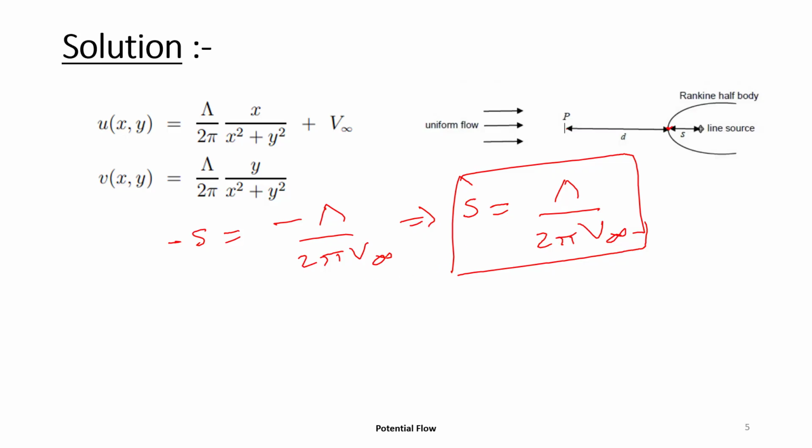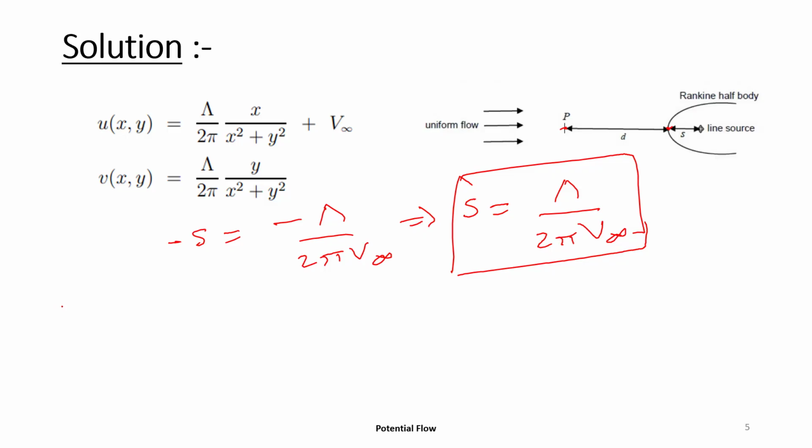Now the second condition is given at P. This velocity is 0.9 of V infinity. Here y equal to 0 because it is on the same line as the stagnation point.